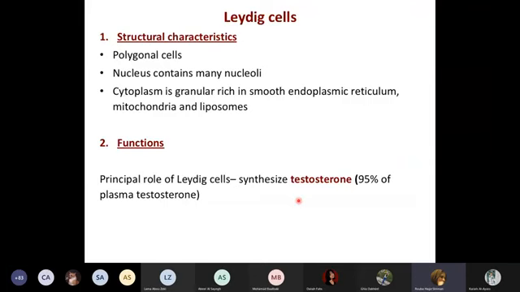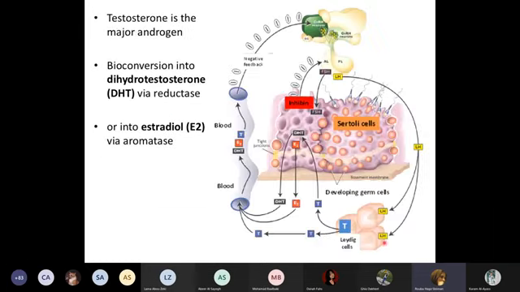Now we move to the Leydig cells. The Leydig cells are structurally and functionally different from the Sertoli cells. When we talk about the Leydig cells, first they are polygonal shaped, so you can see here. And they have a nucleus that contains so many nuclei.